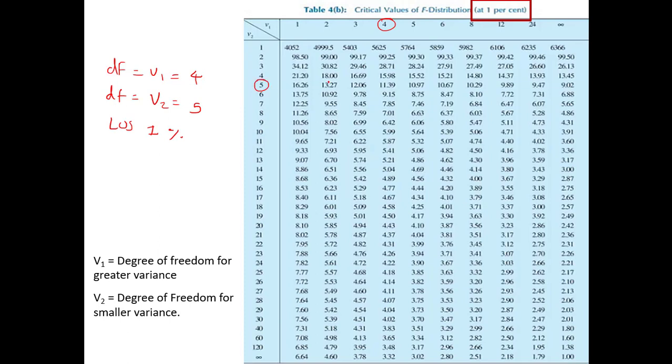So I take the intersection of both, and the F value is 11.39. This way we find the value of F.